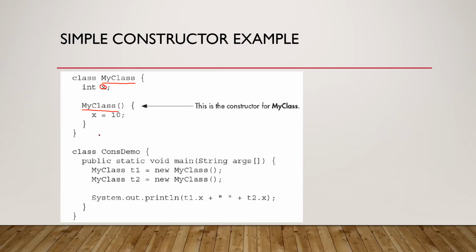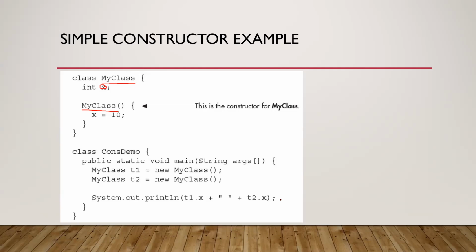And now see what is happening: we are creating two objects, T1 and T2, okay? And you are then printing T1.x plus T2.x, right? So can you tell me what will be the value of this? What will be printed? Absolutely.